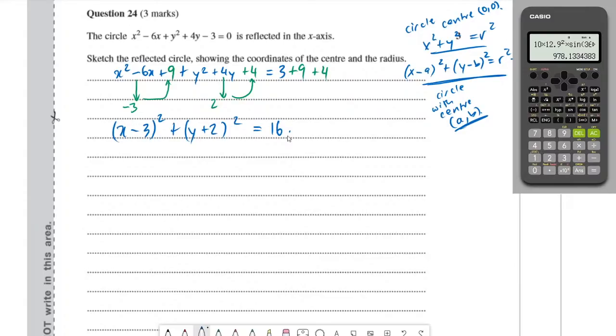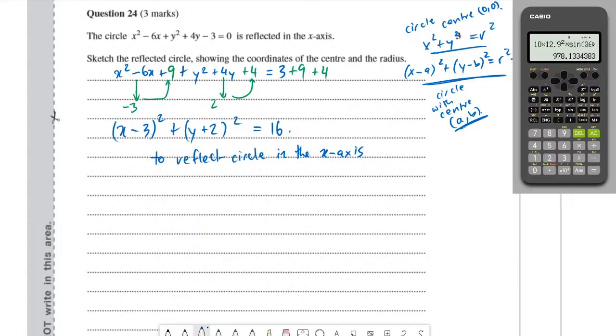So, sketch the reflected circle showing the coordinates. Oh, come on, work for me, baby. Let's go. Yeah, good. Okay, so to reflect a circle in the x-axis, that is anything that is above the x-axis will go below, and anything below the x-axis will go above.